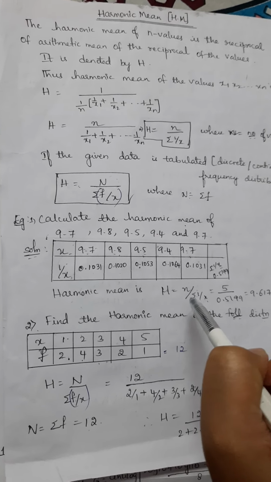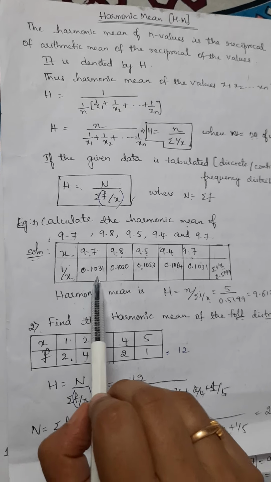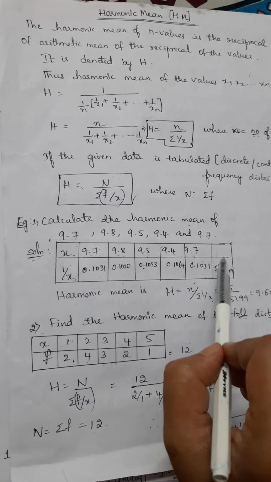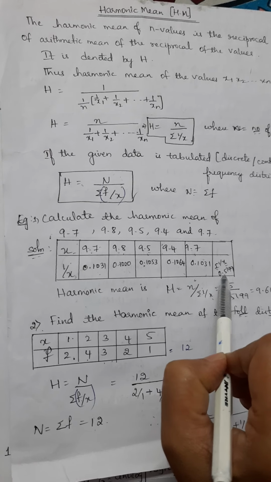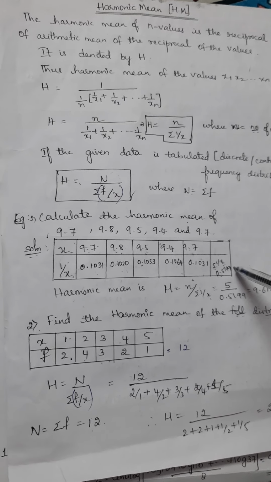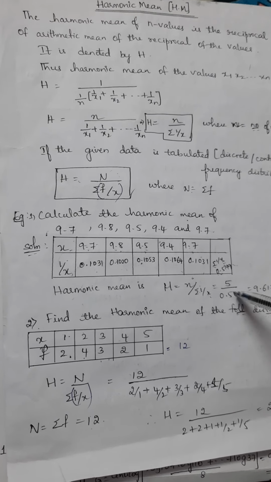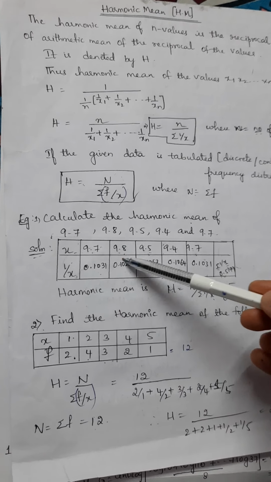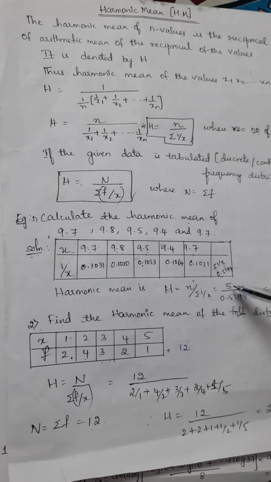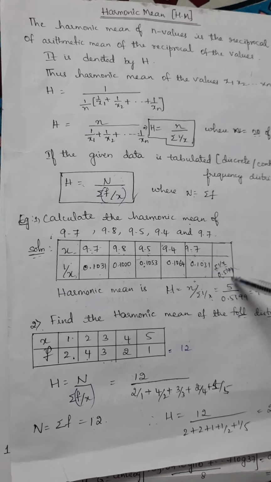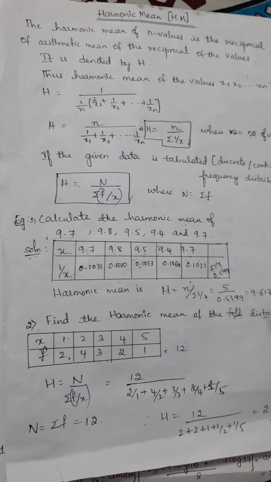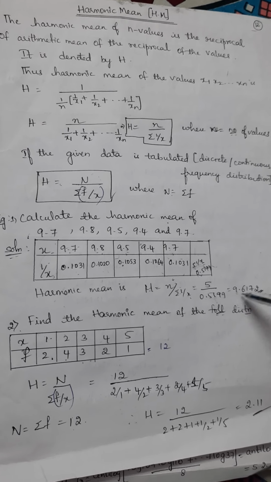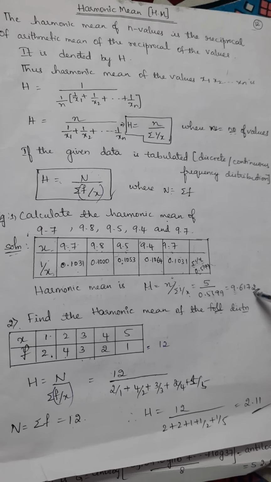Since we require summation of these values, that means addition of all these values, I'll get summation of 1 by x as 0.5199. Let me substitute in the formula. H is equal to n, the number of values: 1, 2, 3, 4, 5. We have 5 values. 5 divided by summation, this value 0.5199. And if I calculate this, I'll get the harmonic mean value as 9.6172.